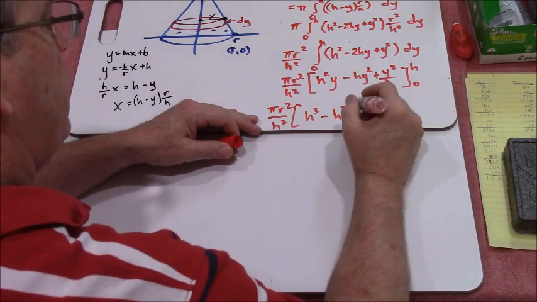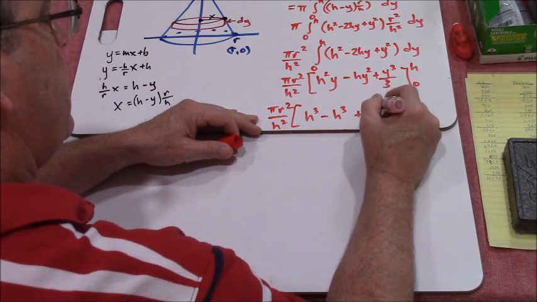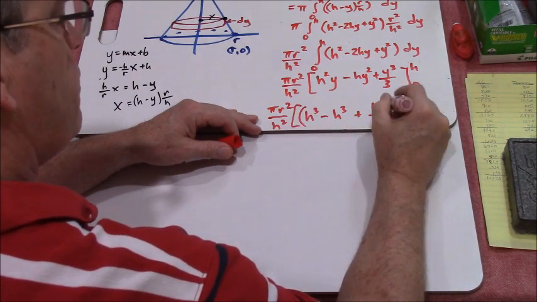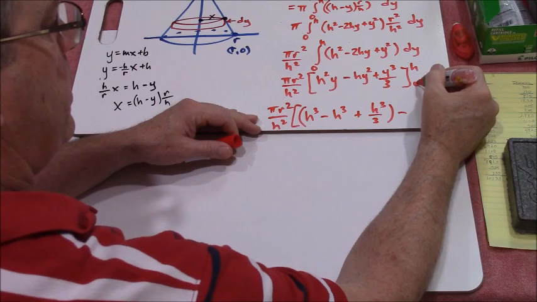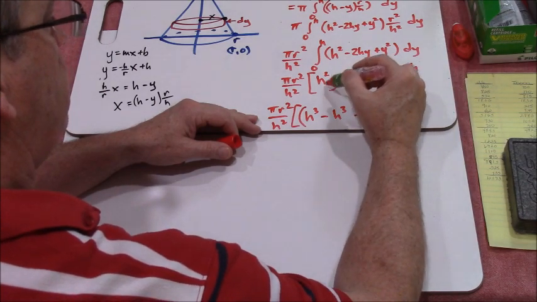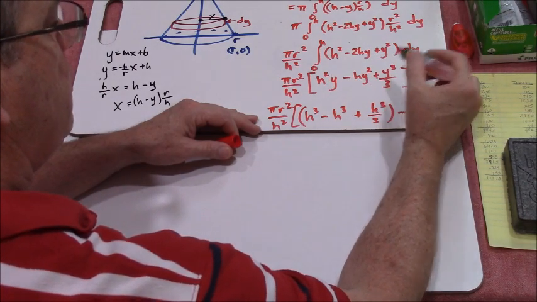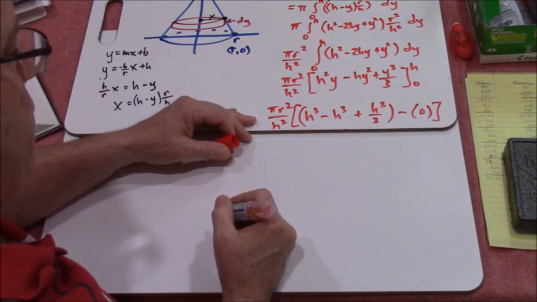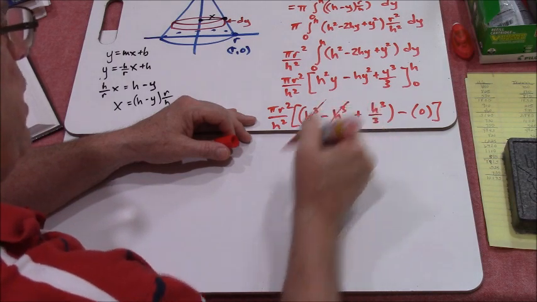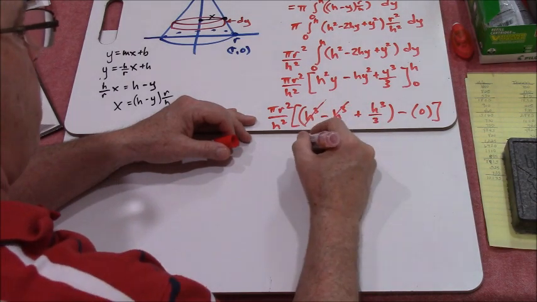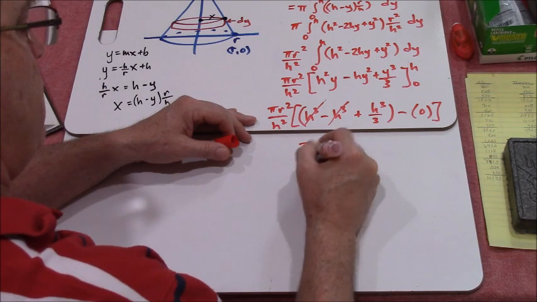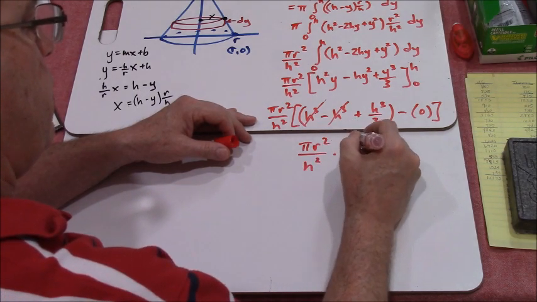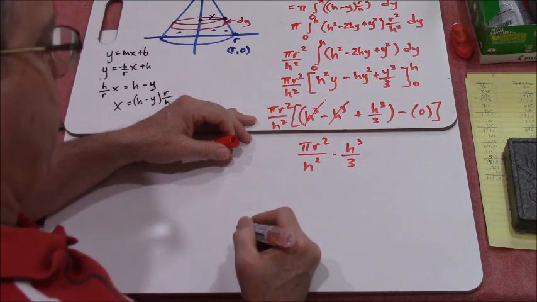And plug in an h here, I've got plus h cubed over 3. Minus what I get when I plug in a 0. I'll get 0 for this term, 0 for this term, 0 for this term. And so let's see, h cubed minus h cubed, those add up to 0. So what I really have now is pi r squared over h squared times h cubed over 3.